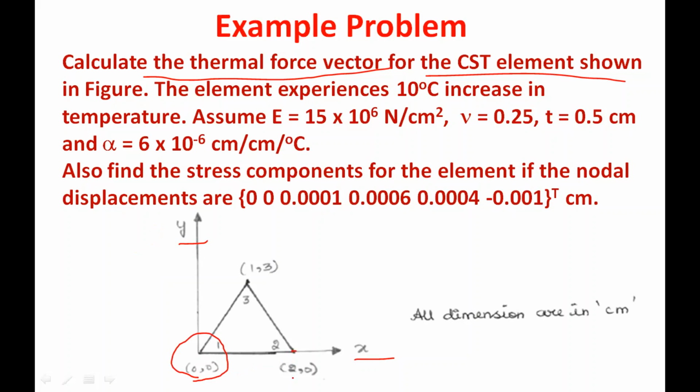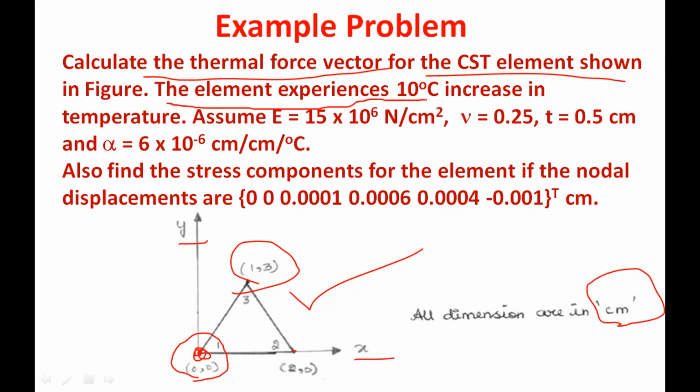Then node 2 is 2, 0. Node 3 is 1, 3. All dimensions are in centimeter. You have to note it down, centimeter. This type of element is most preferable because one side is horizontal and one node is lying on the origin. So we will get many zeros in the B matrix, which is easy to operate. So this type of element should be preferable during examination.